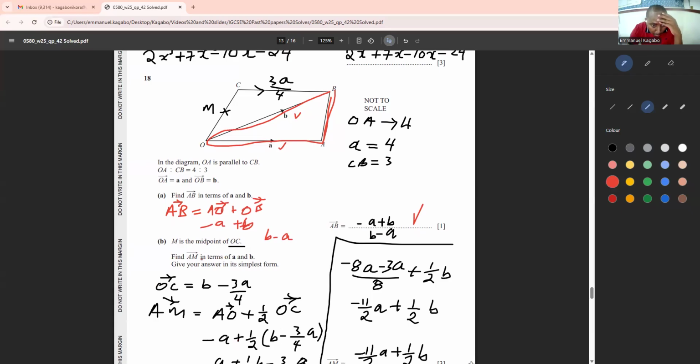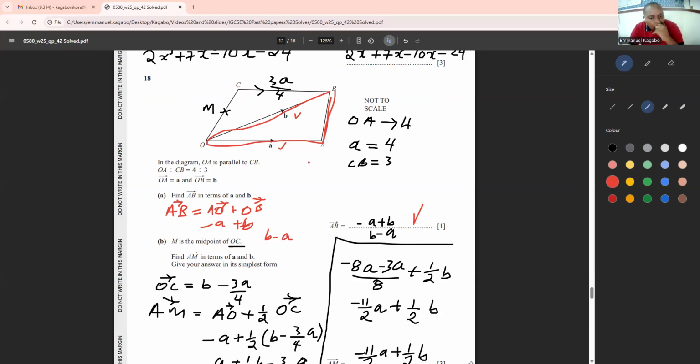M is the midpoint of OC. This is the midpoint. Give your answer. Find AM. We can go like that, or you go like that. Me, I chose the shortest to save time.